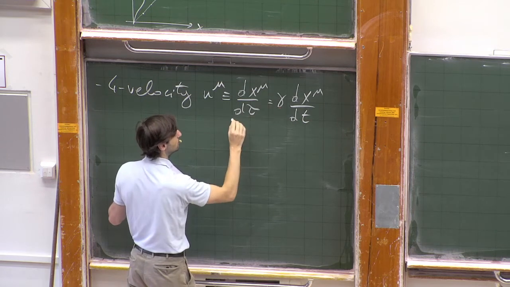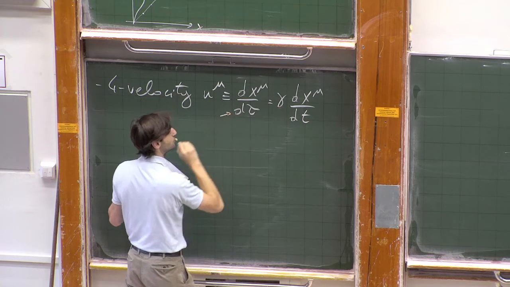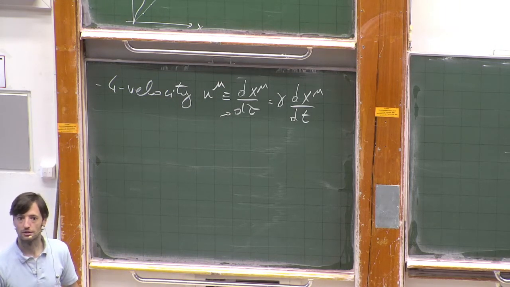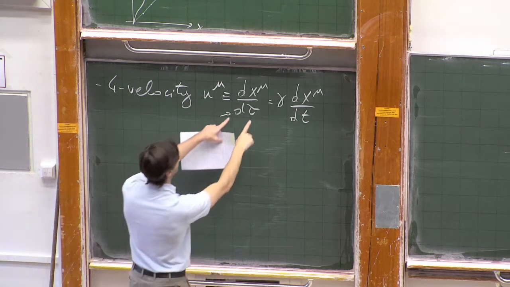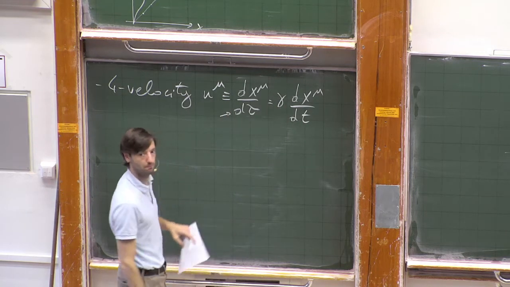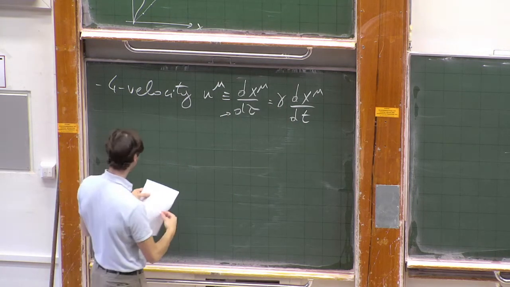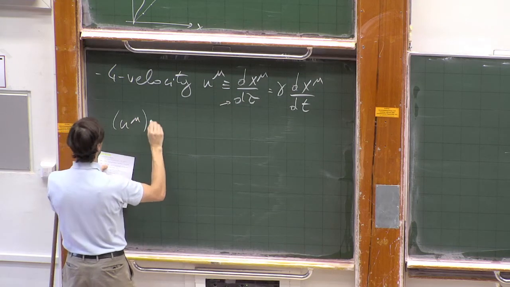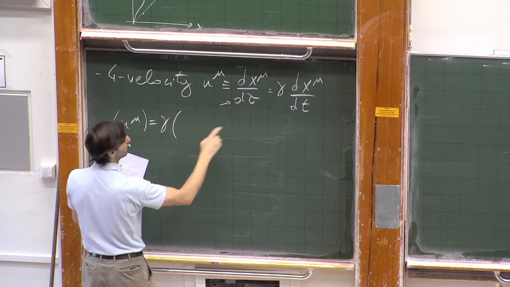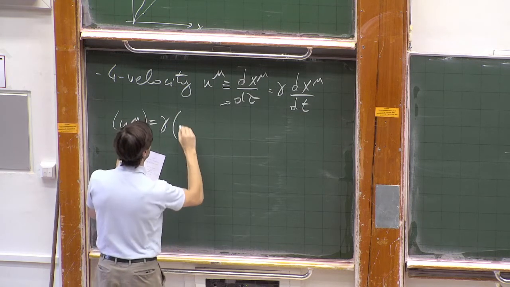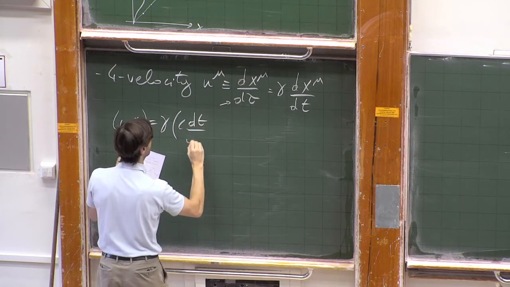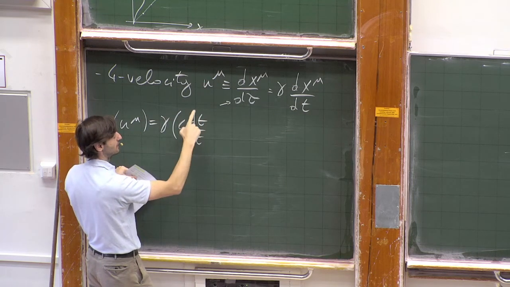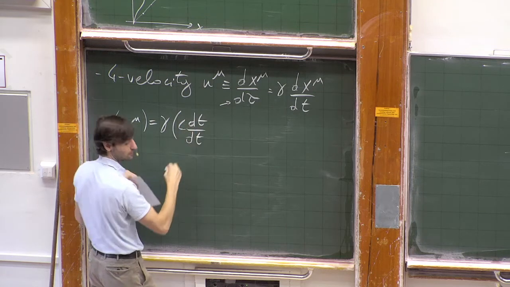So here what I did was just to use the expression of the proper time that we have seen in one of the very first lectures. I just express tau as t over gamma. And if I want to look at all components, u^μ is equal to gamma multiplied by c dt over dt, this will be the dx0, right? c dt is dx0.